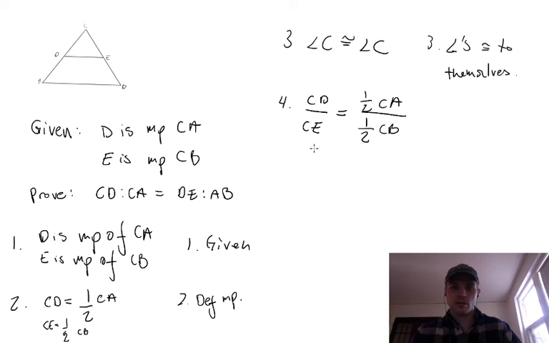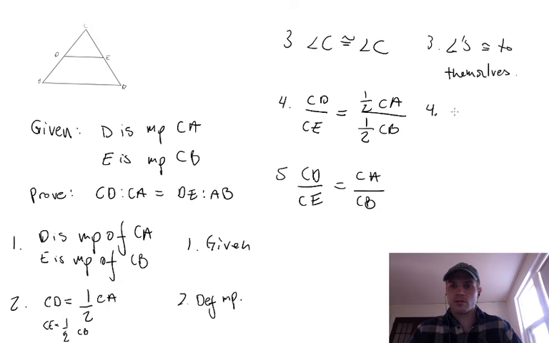And then this implies that CD to CE is equal to CA over CB. And this is by substitution. You can get more verbose with these, but I don't know how much is going to be necessary based on your professors, and this is just simplification.